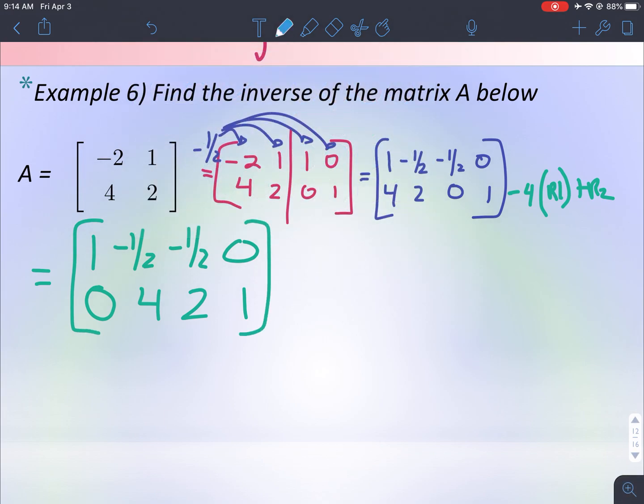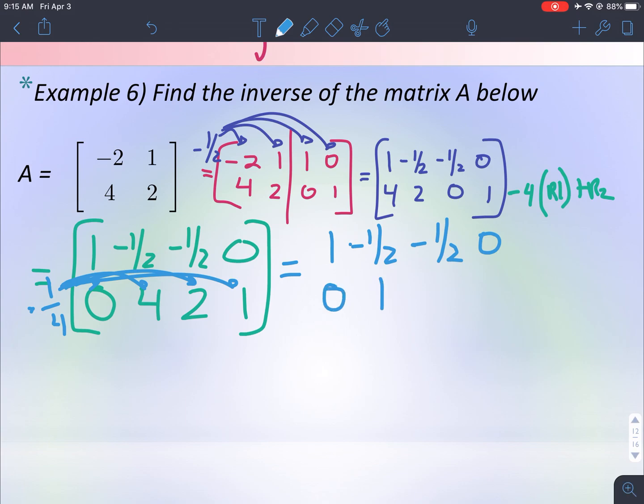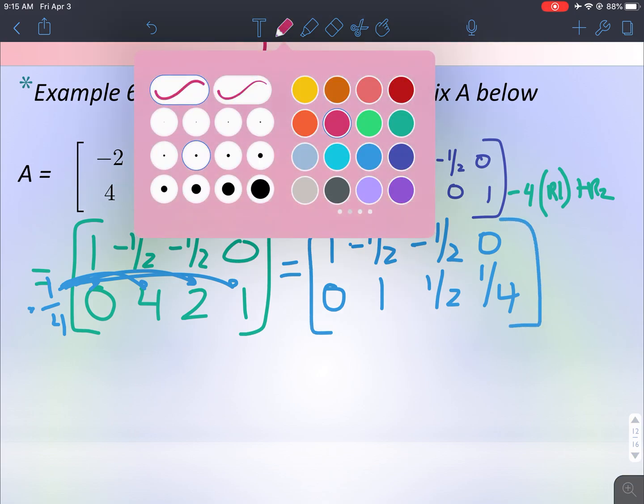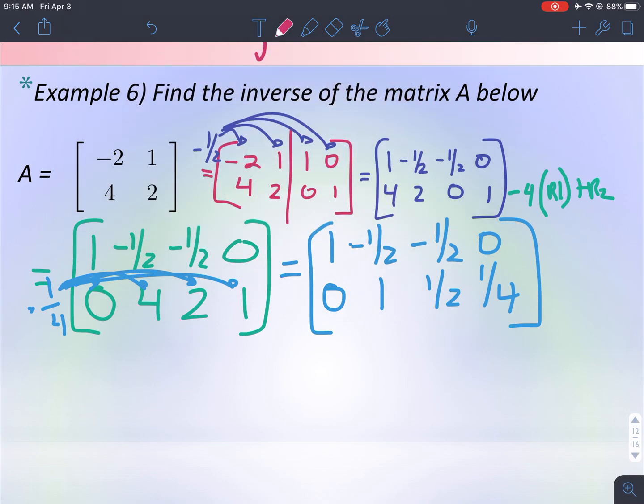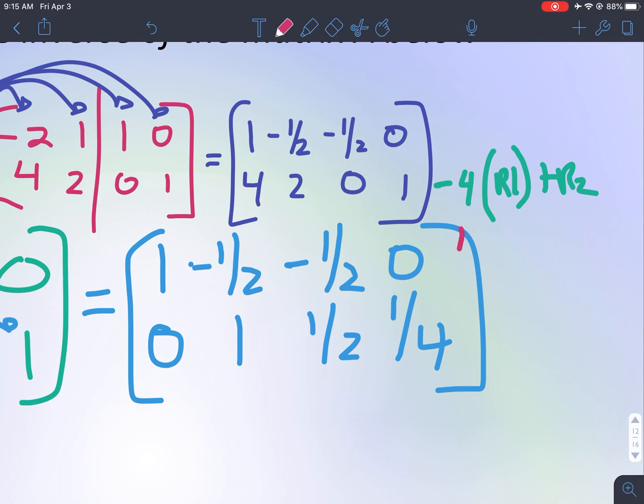Next, I can divide row 2 by 4, which is the same as multiplying by 1/4. After that, how about I multiply row 2 times 1/2 and add it with row 1.